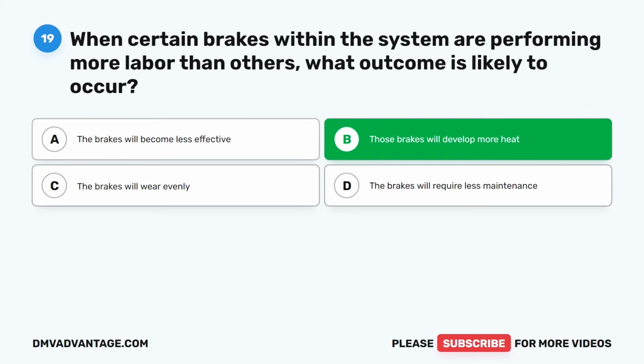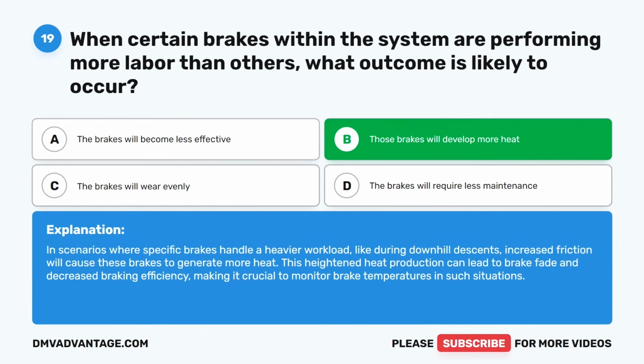The correct answer is B. Those brakes will develop more heat. In scenarios where specific brakes handle a heavier workload, like during downhill descents, increased friction will cause these brakes to generate more heat. This heightened heat production can lead to brake fade and decreased braking efficiency, making it crucial to monitor brake temperatures in such situations.